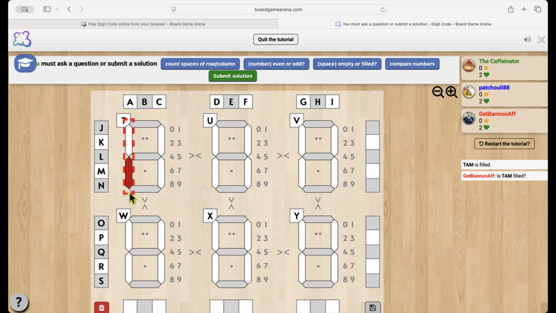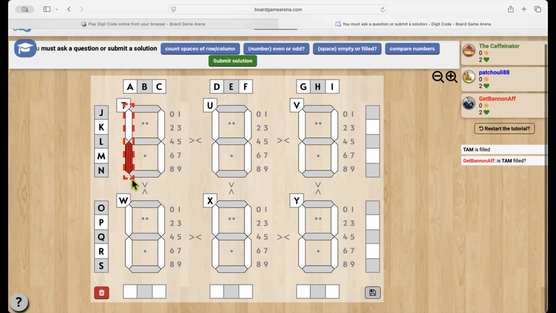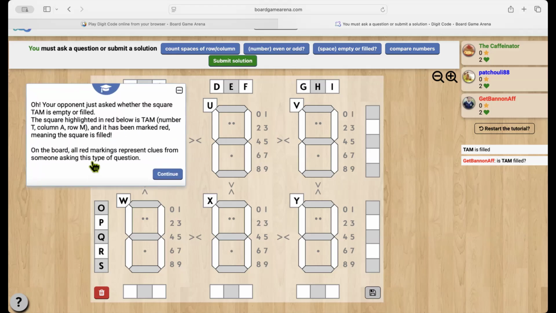So T, A, and M. The top row is J, the second row is K, the third L, then M, and N. The square highlighted in the row below is TAM: number T, column A, row M. It has been marked red, meaning the square is filled.